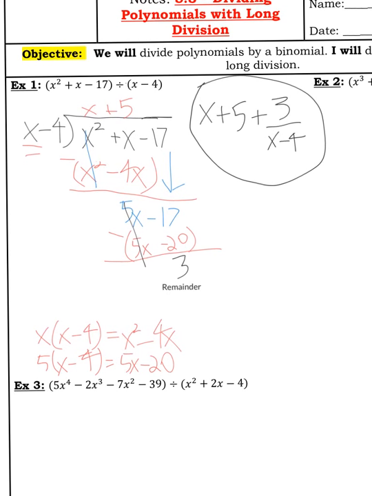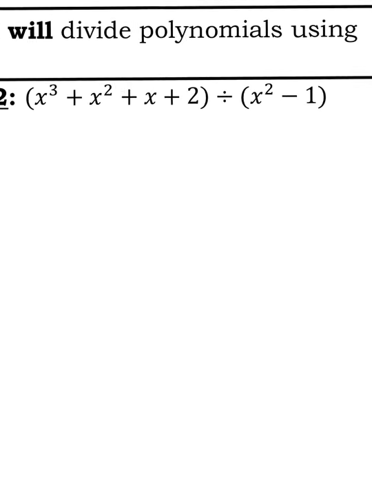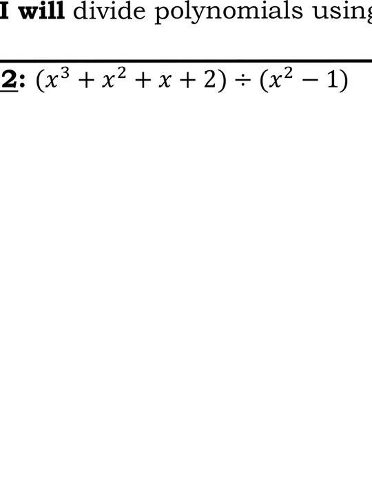But anytime you have the degree as 1, you can totally use synthetic division. But if you have a problem that looks like this, you have to do long division, okay? So here's example 2. You have x to the third plus x squared plus x plus 2 divided by x squared minus 1. So let's set this up.